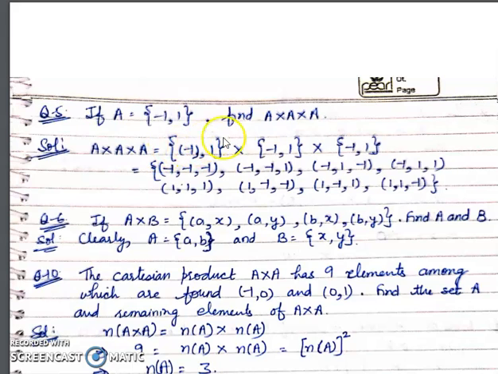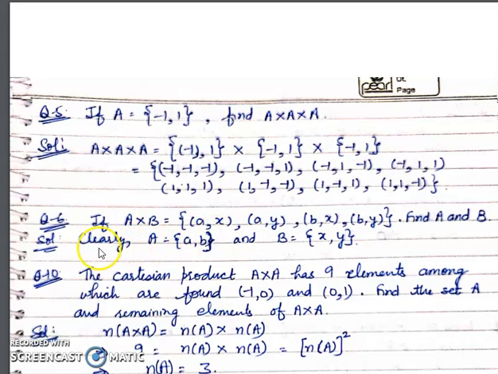So we first associate all with the first element -1: (-1,-1,-1). Then (-1,-1,1). Then we change the second element: (-1,1,-1), (-1,1,1). Here we changed the second element. Now we change the first element: (1,1,1). Then (1,-1,-1), (1,-1,1), (1,1,-1). So these are the 8 elements.